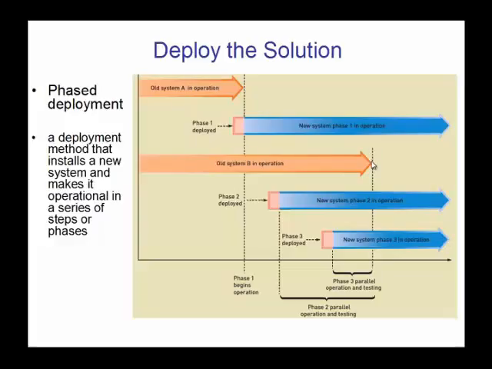So at the time that we take system B out, all 3 of the phases are in operation, fully tested with assurance that everything's going to work out pretty well from then on. So this is the phase deployment approach.